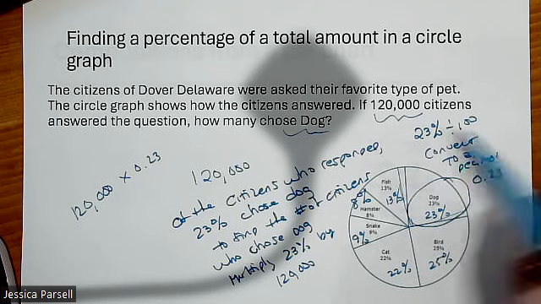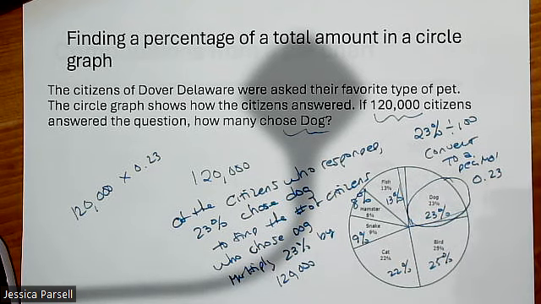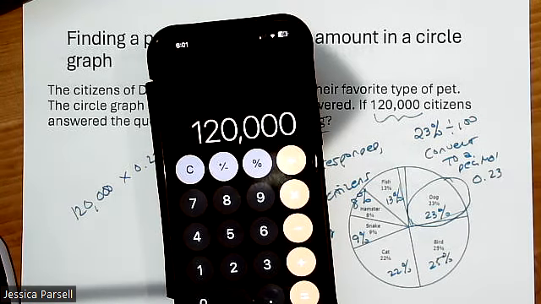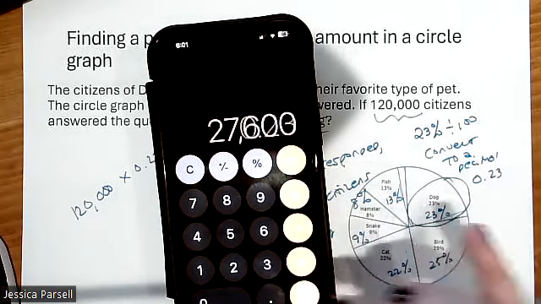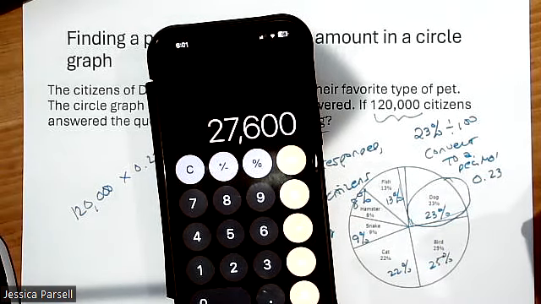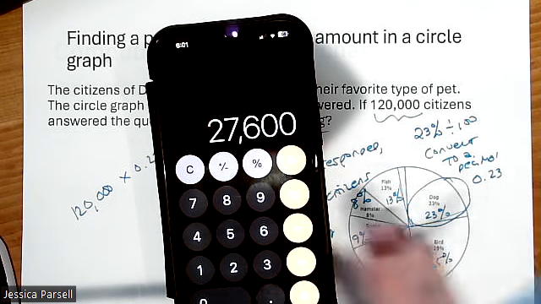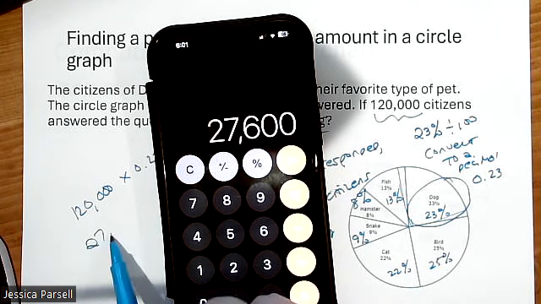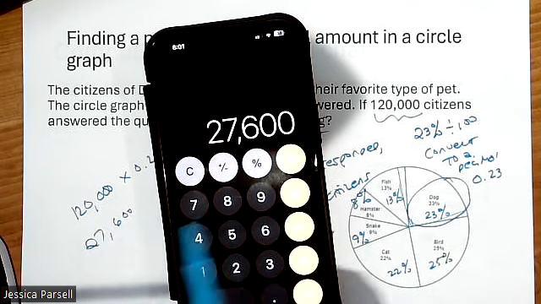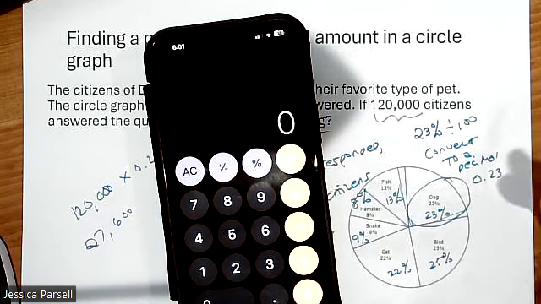So what's basically a quarter of 120,000? We're going to use our calculator to answer this. Okay, so 120,000 times 0.23 is 27,600 people chose dog. Let's see if that makes sense. Let's use some critical thinking skills.